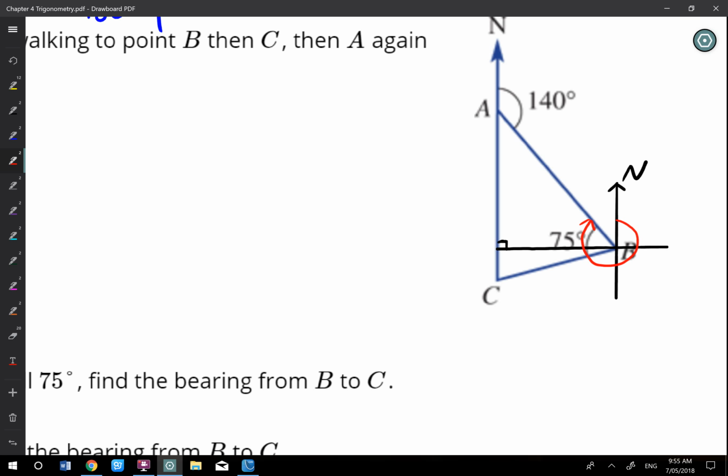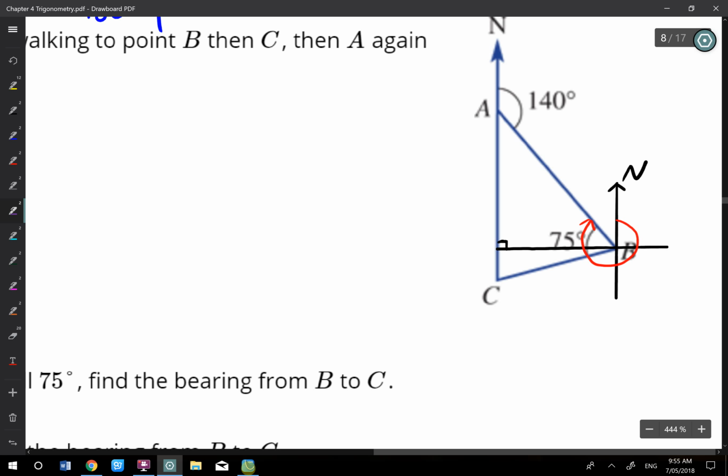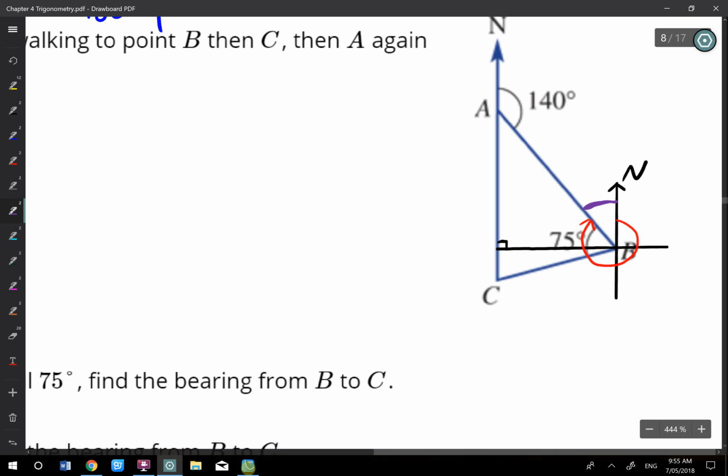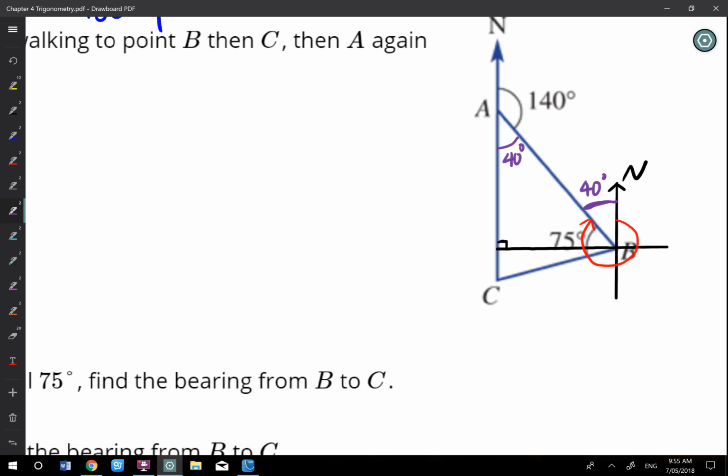So it will be 360 minus this bit. Can you see the size of that one? What's the size of that? It's 40 degrees, because here is 40 degrees, and that's the parallel alternate angles, so that's 40 degrees as well.